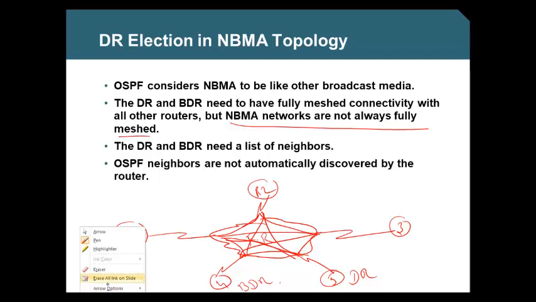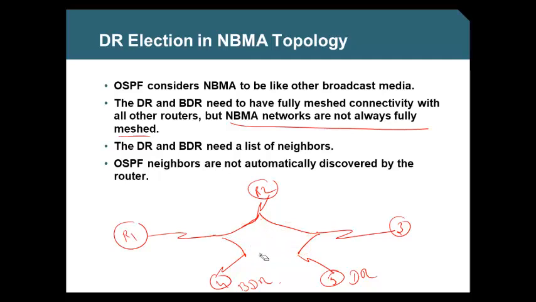That's all. There won't be connections between the spokes. Why? Because it is frame relay. You have to pay a lot of money for each frame relay connection. Very costly.